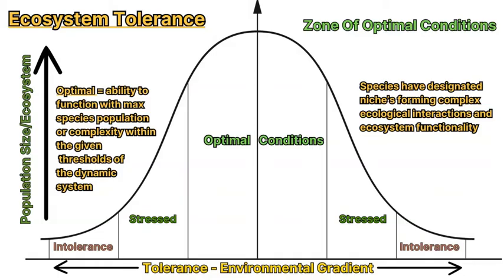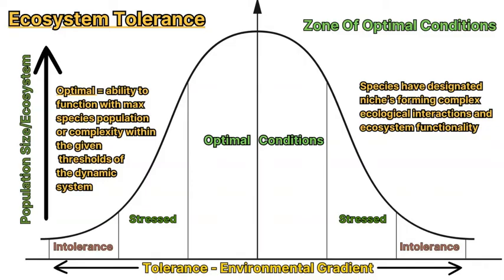It is tolerant to changes, and any change that does happen within this optimal zone will be dealt with and assimilated to maintain the flow and the stability and equilibrium of the ecosystem in question.